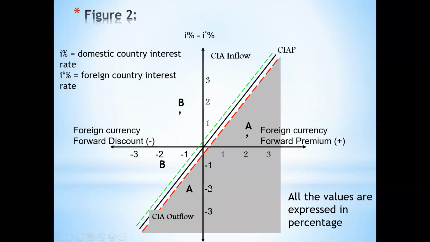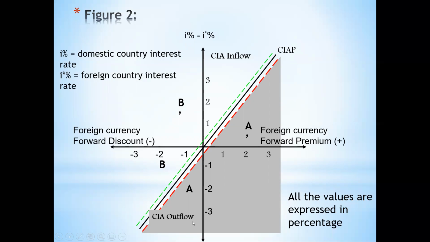Same scenario here. We have a 2% interest rate gain if we invest abroad, but since the forward rate for the foreign currency is at a discount, we lose 1% from that gain. Then what is the net gain? We still receive a 1% gain if we invest in the foreign country.